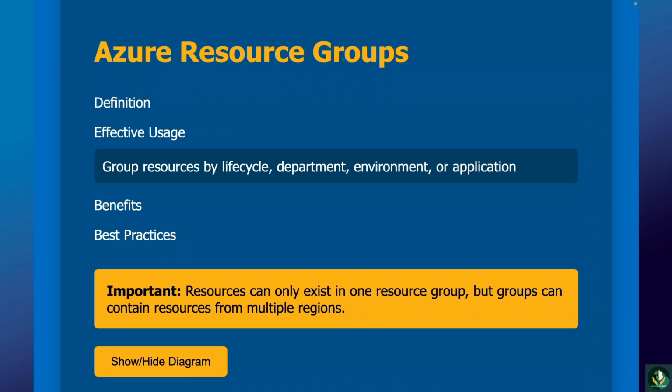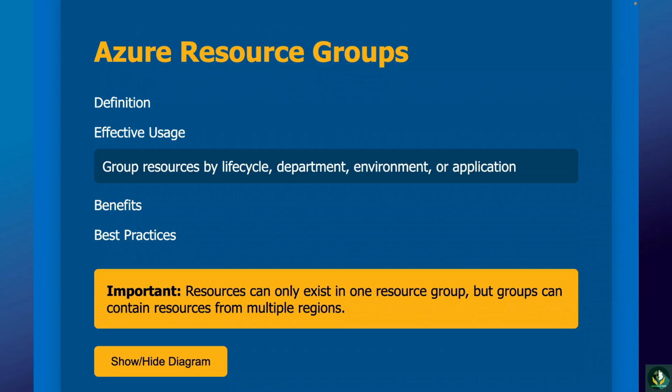You can group by life cycle. Resources that share the same life cycle should be grouped together. This means that they are deployed, updated, and deleted together. You can also group by department. You can create resource groups that align with your organization's department structure, making it easier to associate costs with specific business units.